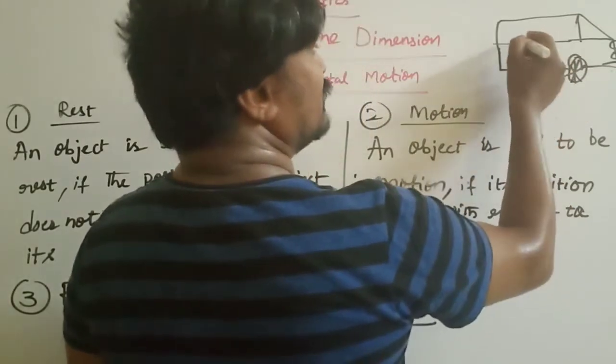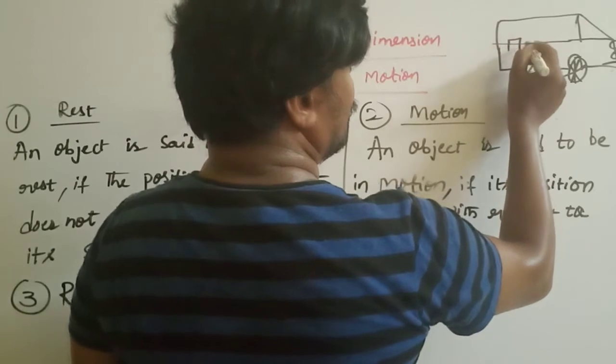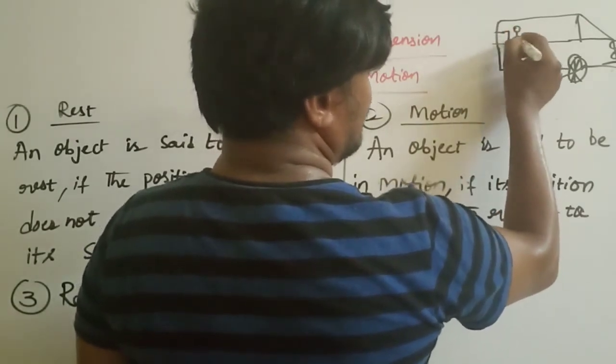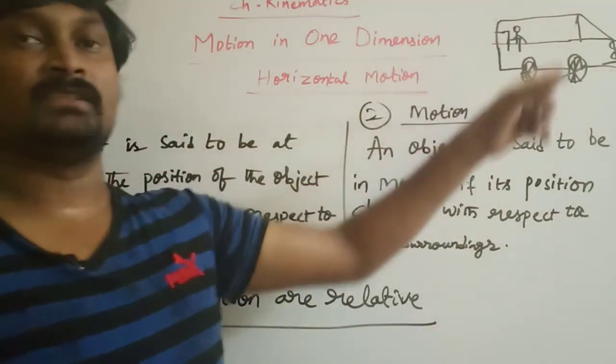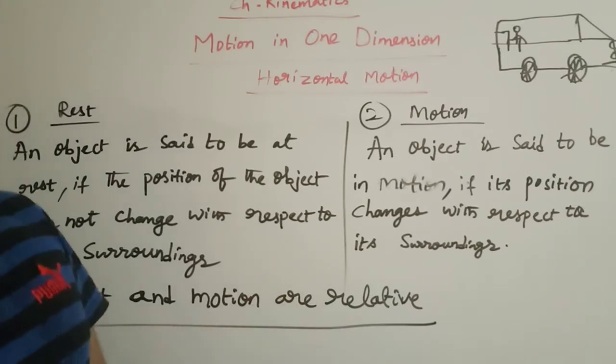Okay. So in this bus, there is a seat. Here one person is sitting. Now I'm going to discuss, according to him, what is meant by rest and what is motion, and how both are relative.